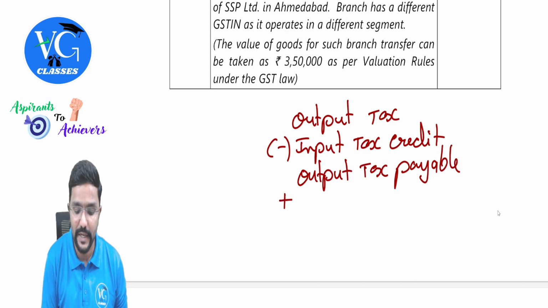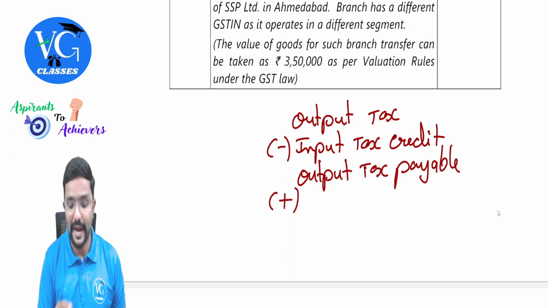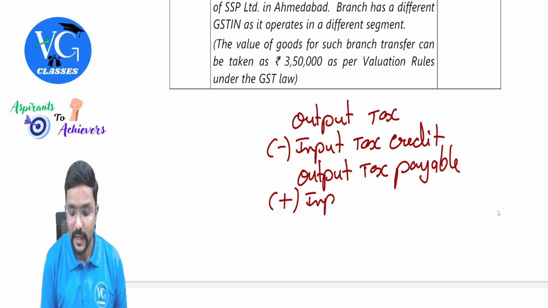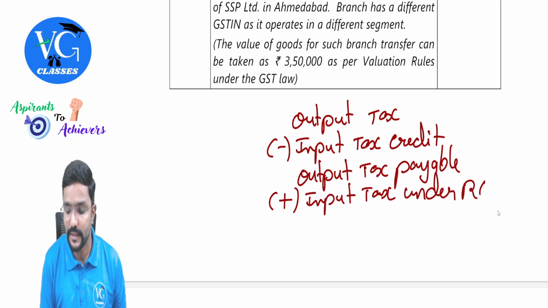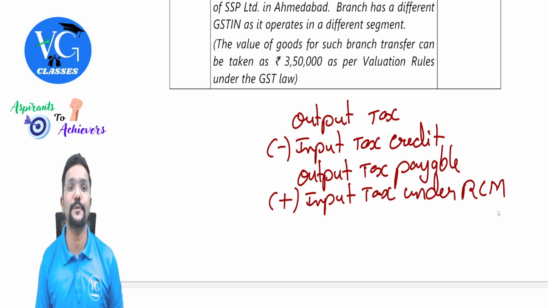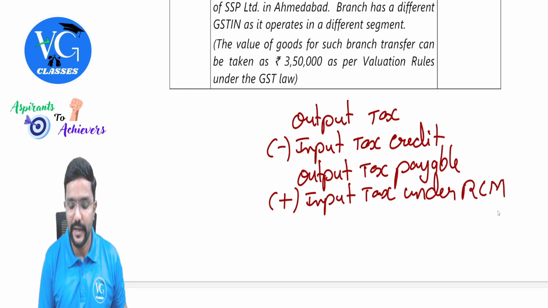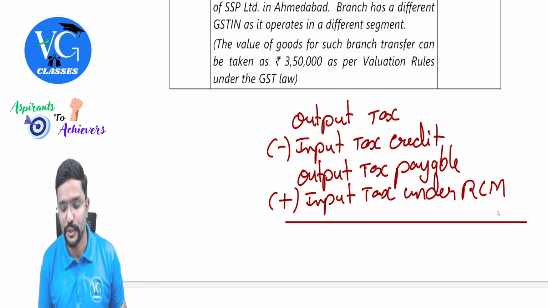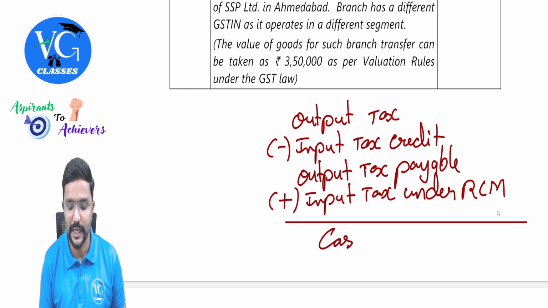For this again we need to add input tax under RCM, that is the inward supply on which SSP Limited is supposed to pay tax under RCM, if any. Then at the end, we will get how much has to be paid through the cash ledger, guys.